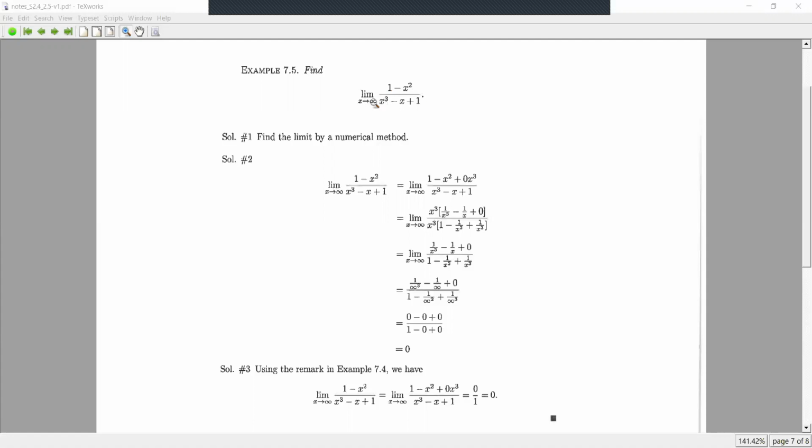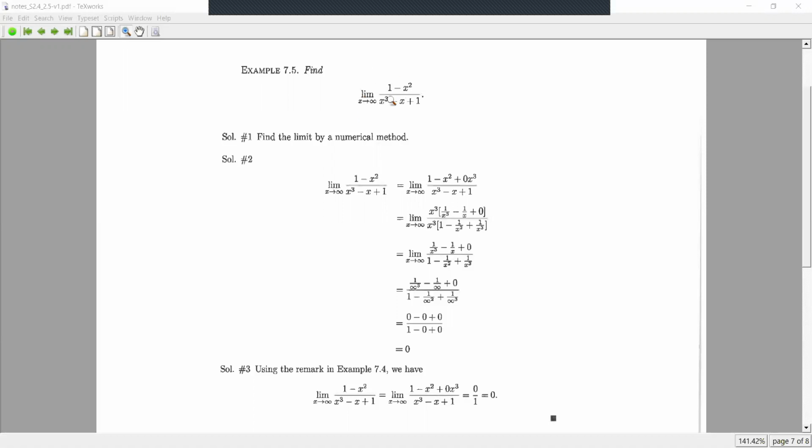So as x approaches positive infinity, the polynomial at the bottom should go to infinity faster than the top goes to infinity. So their ratio should approach 0.